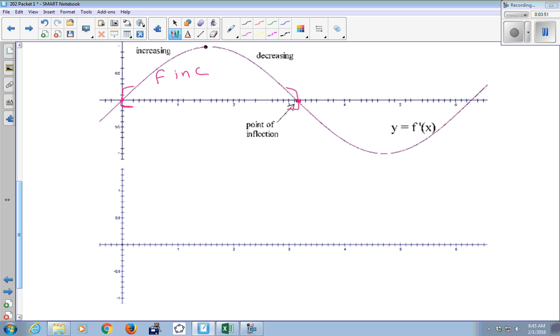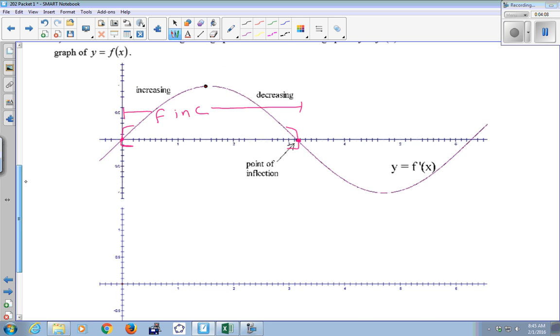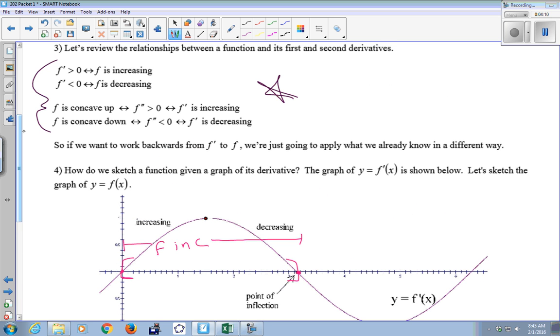All right, but from 0 to pi over 2, f prime is increasing. Okay, what do you know about f if f prime is increasing? Go back and look at your summary if you want. Yes, f prime increasing tells you that f is concave up.